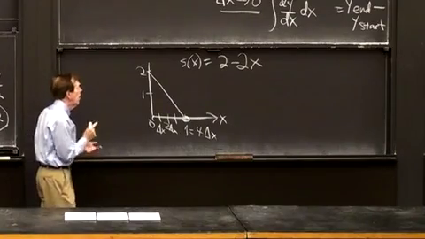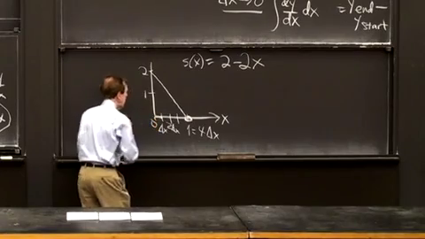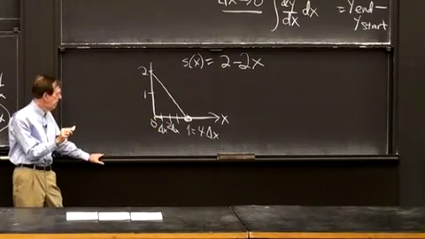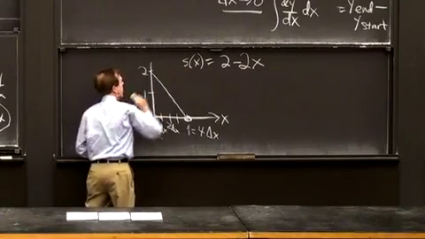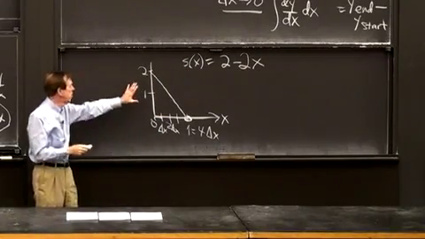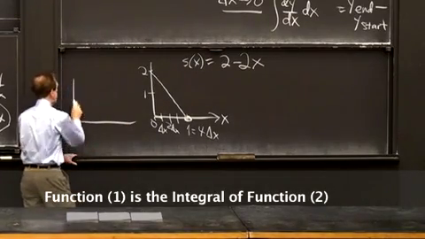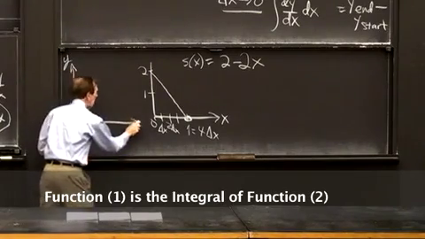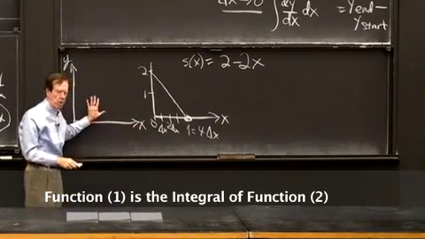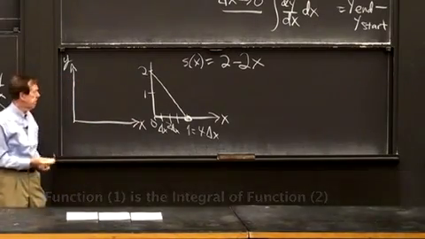Okay, so now what do I do? All right, look at this first period. The slope, the s function, function 2. Over here is going to be function 1. This is going to be the y, the integral of that. But I don't know what it is yet, so it's pretty open to question.